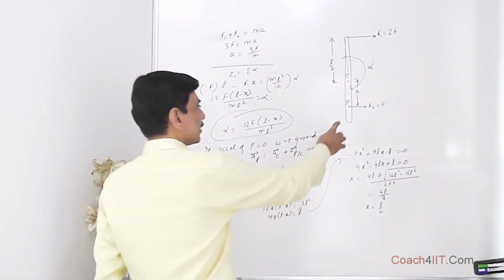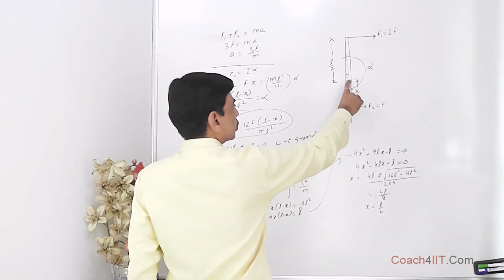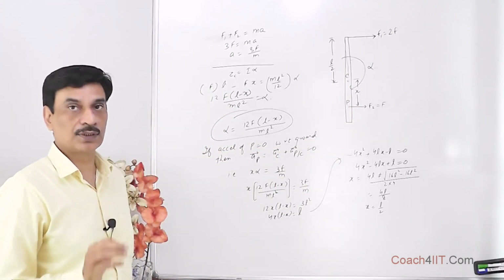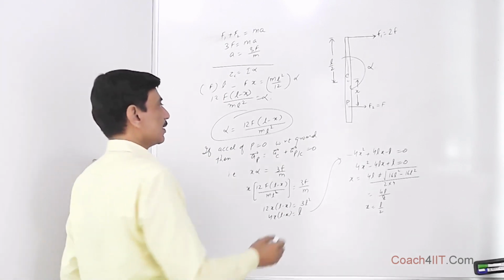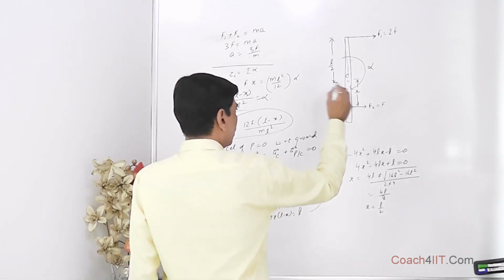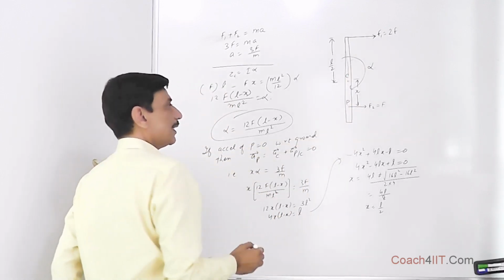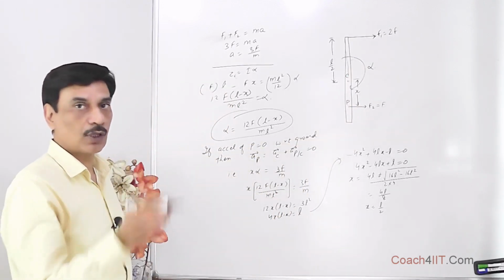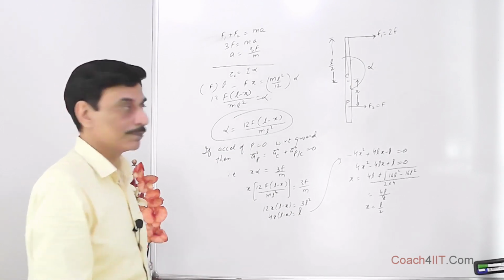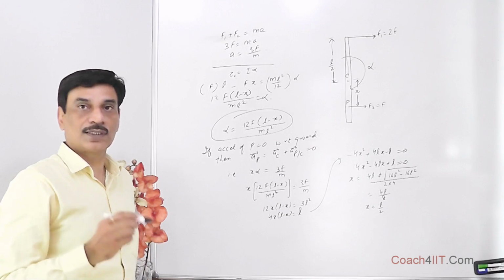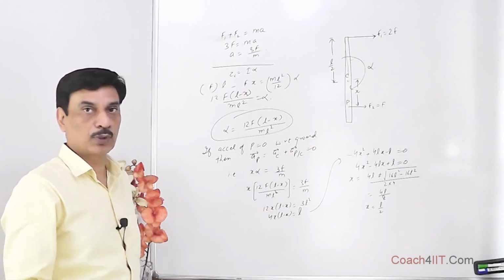Now we come to the third point, that is where this point P is located so that it is going to have zero acceleration with respect to the ground. This point is being affected by two accelerations. One is the tangential acceleration because of alpha, that is AT is equal to R alpha, and on that we superimpose vectorially the acceleration of the center of mass. The net resultant of these two should be equal to 0.